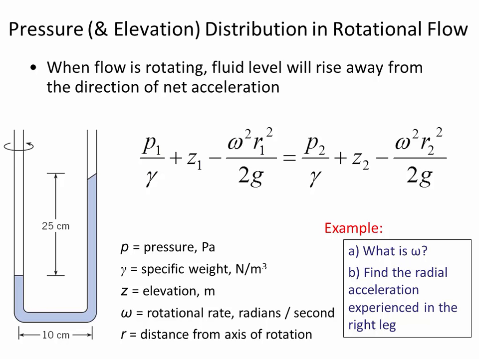Okay, so we can substitute in the numbers: 2 times 9.81 meters per second squared times 0.25 meters, divided by 0.10 meters squared, to the 1/2 power.